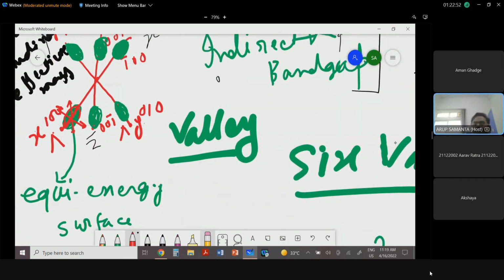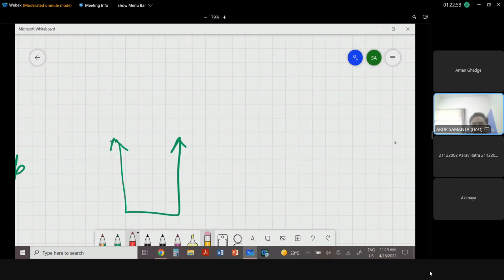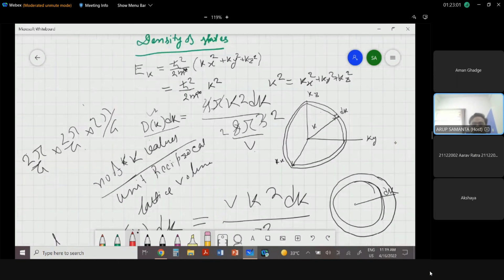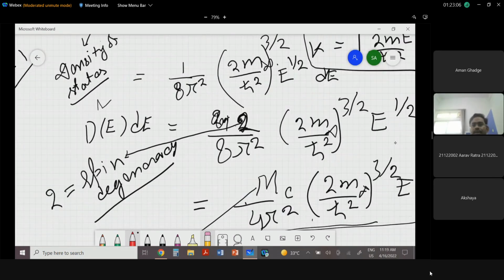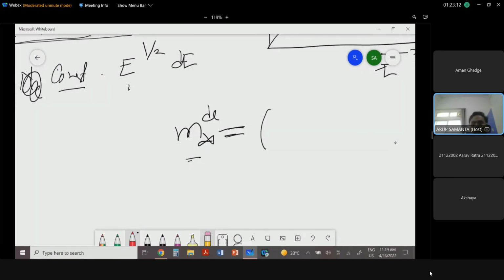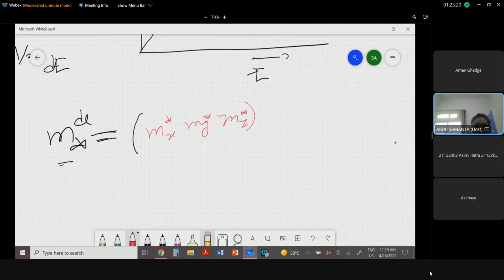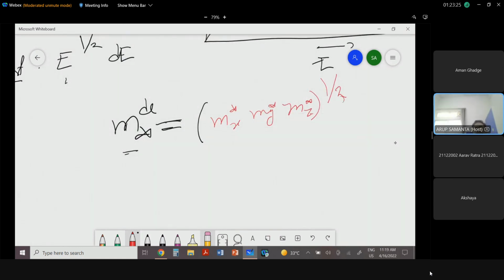If you want to calculate the density of state effective mass, it should be the combination of these three masses: mx star, my star, mz star, to the power 1/3.